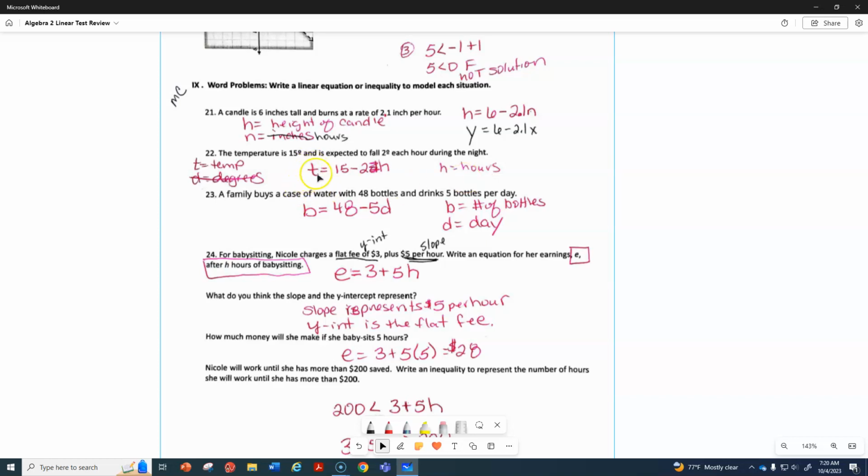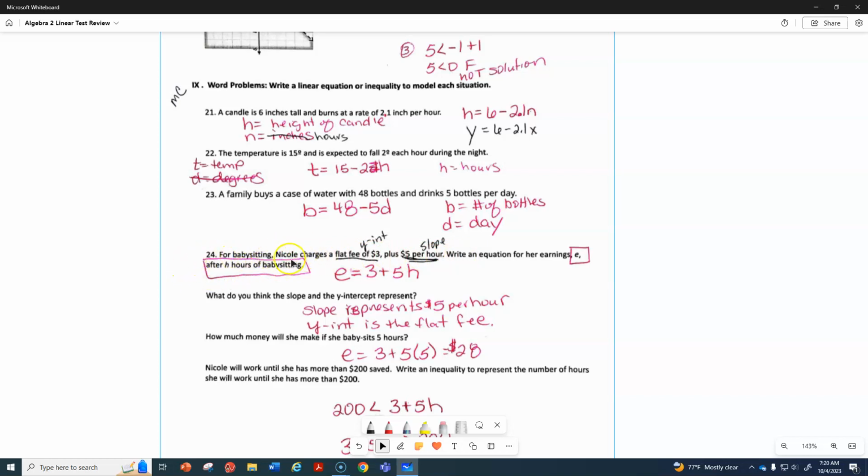So the equation would be T equals a temperature of 15 and then minus 2 degrees per hour. These are all written in slope intercept form. There could be one in standard form, but it's usually going to be however it reads.